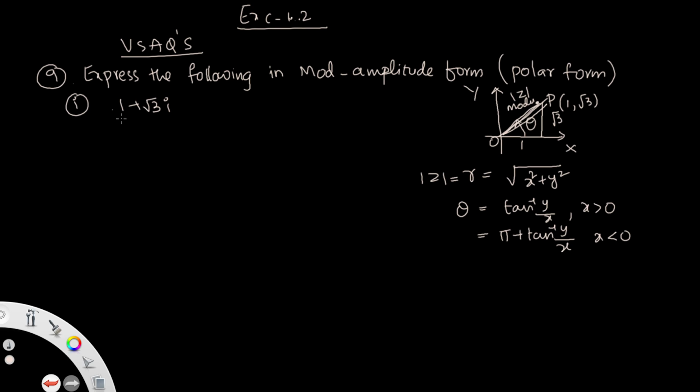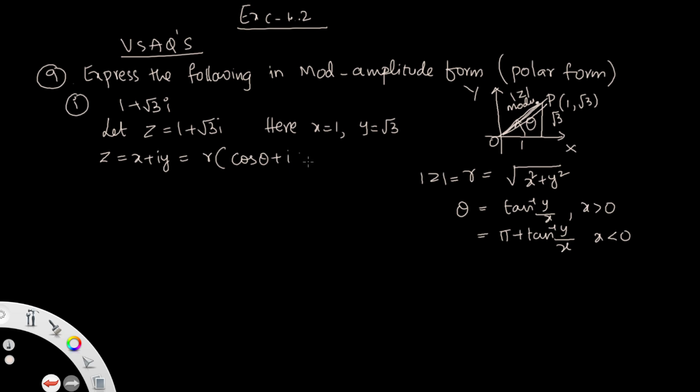First substitute: let z equal 1 plus root 3i. That means x equals 1, y equals root 3. Now find small r, the modulus. Any complex number z equals x plus iy in the modulus amplitude form is r into cos theta plus i sin theta.